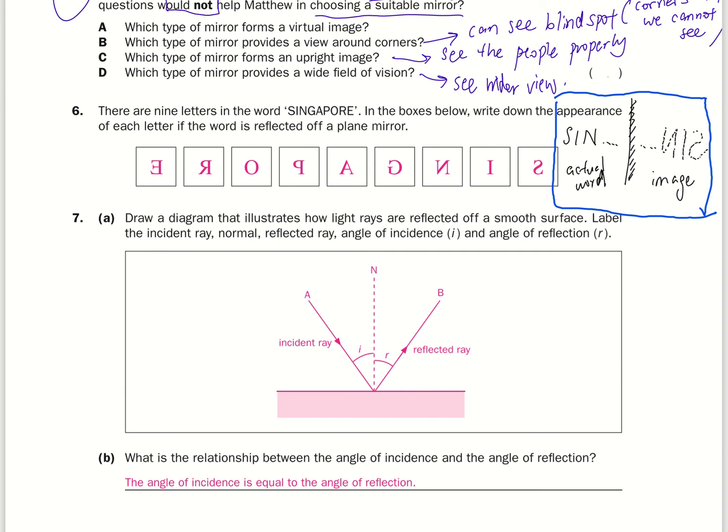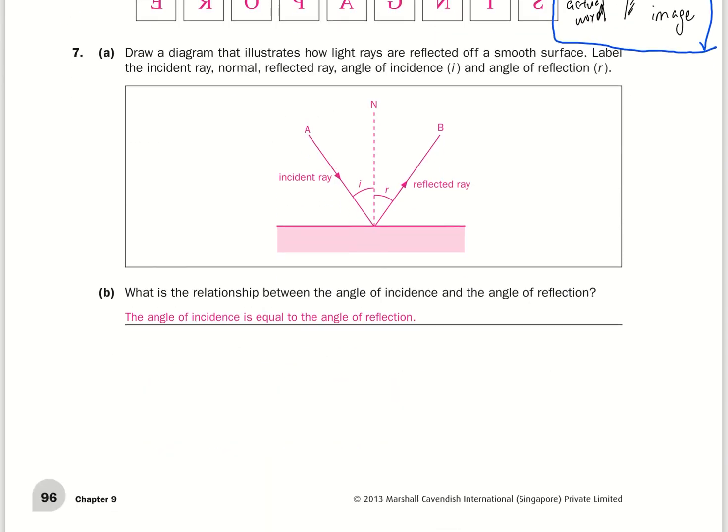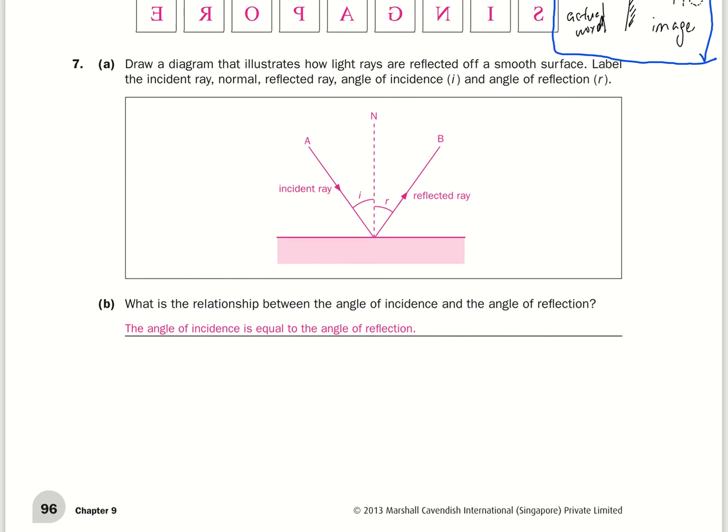Okay, so for question 7, when they ask you to draw a diagram that illustrates how light rays travel on a smooth surface, this is what you draw. So this is the incident ray. For the incident ray, you draw it down and it hits the smooth surface, which is the mirror in this case.